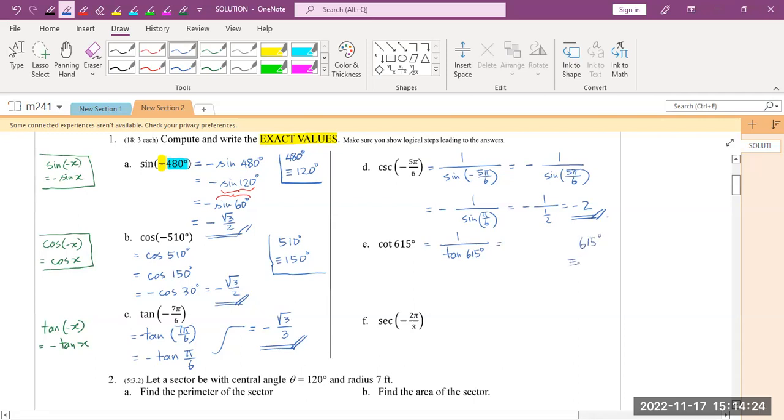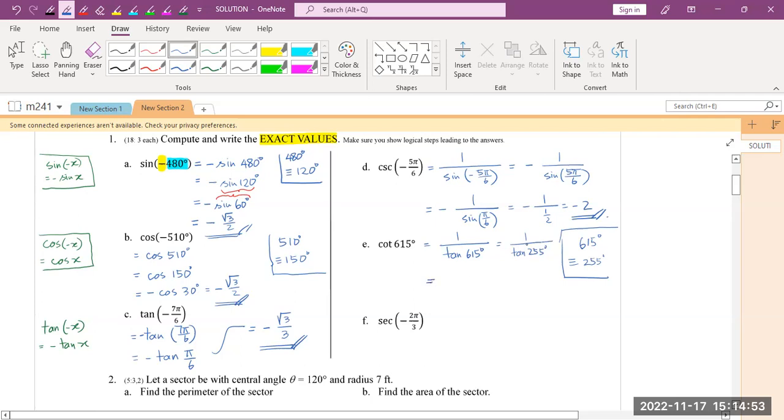What is the coterminal angle? Subtracted by 360, that will be 255 degrees. Is it right? So that is 1 over tangent 255 degrees. I don't think this is a special angle.